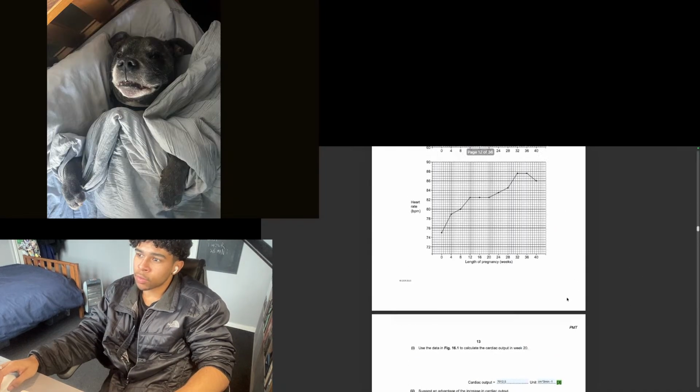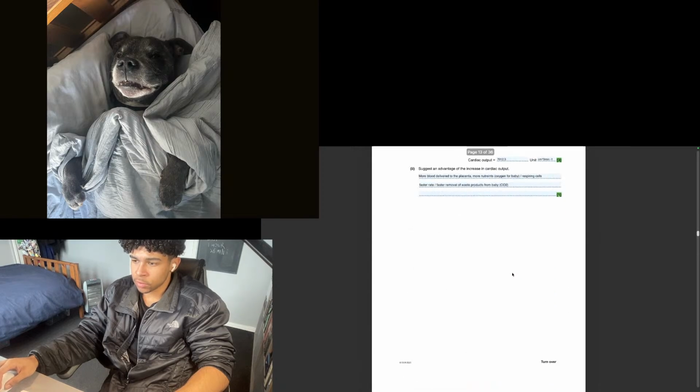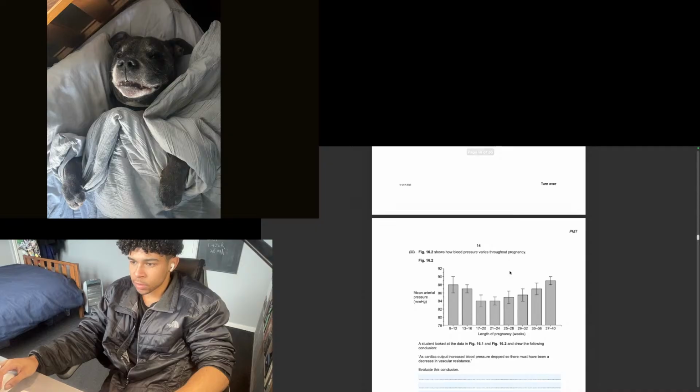Okay, so what we can just get from here is that cardiac output overall did increase linearly.